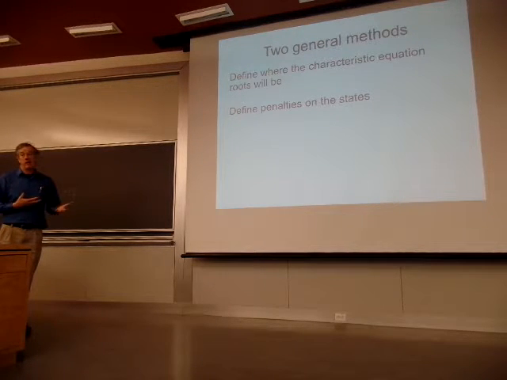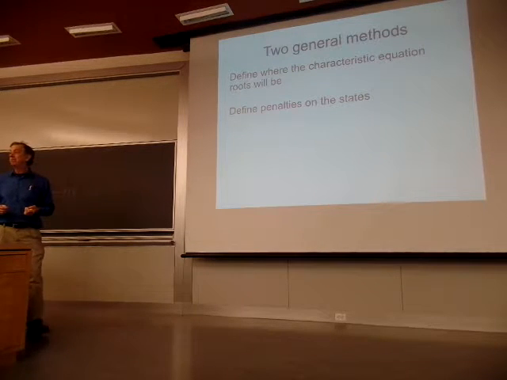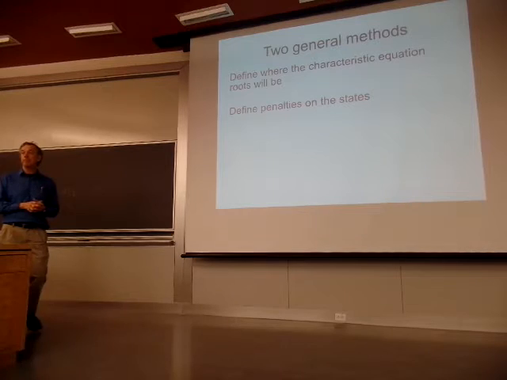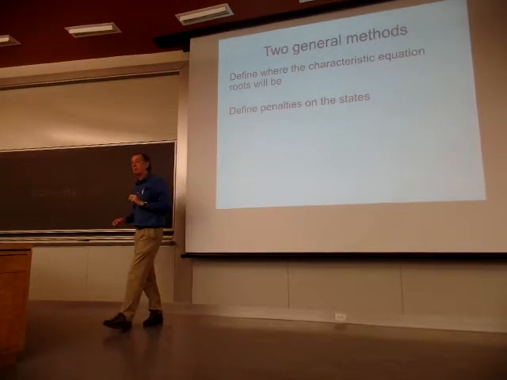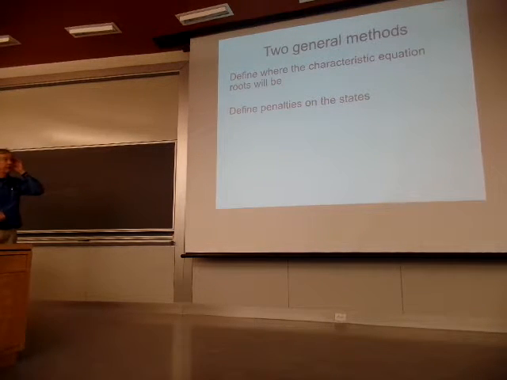Might be a penalty for not meeting the states, like time. I want to design a controller that minimizes time, that helps get from point A to point B as fast as I can. That's the realm of what we call optimal controls. We'll see a little of what that is at the end of this class. But mostly we're going to concentrate on the first one.